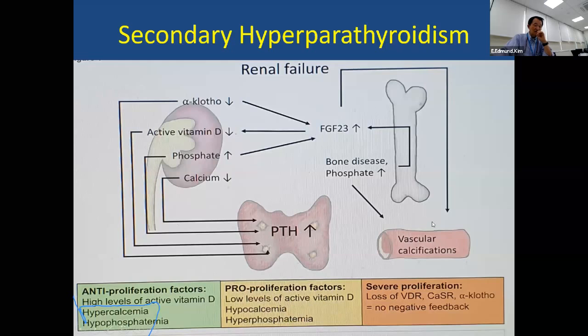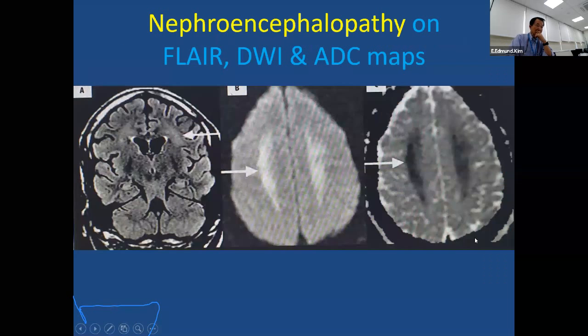That's secondary hyperparathyroidism. There's also uremic encephalopathy, showing some abnormality, more likely in the white matter area, diffuse.